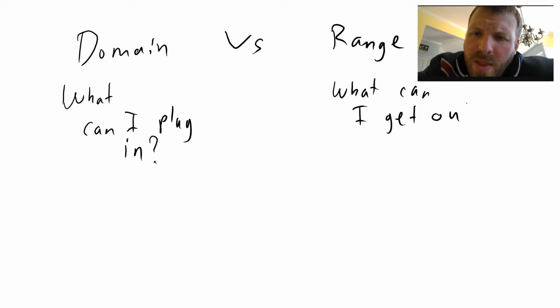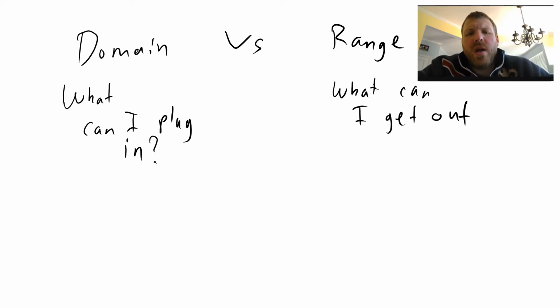So when I'm thinking about what can I plug in and what can I get out, we're talking about relations, okay? We're talking about things that are set into equations, okay? So domain and range is very simply, how are my x and y values compared to one another?